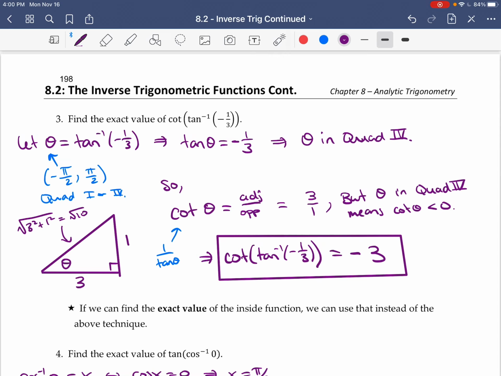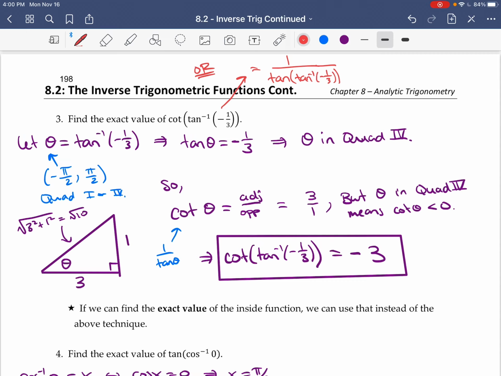So another way we actually could have done this one, because cotan and tan are related, is that I could have written this as 1 over tan of tan inverse of negative 1/3. Now negative 1/3 is in the domain of tan inverse, which is all real numbers.